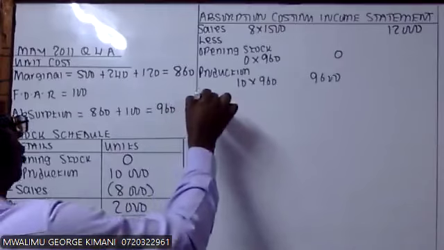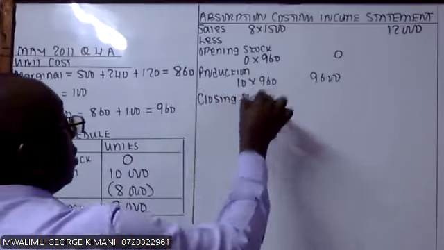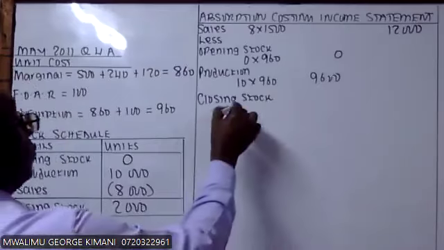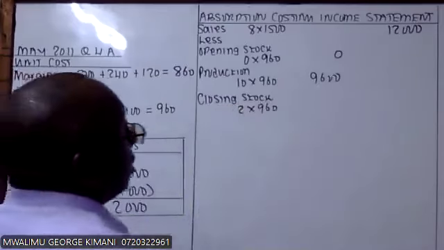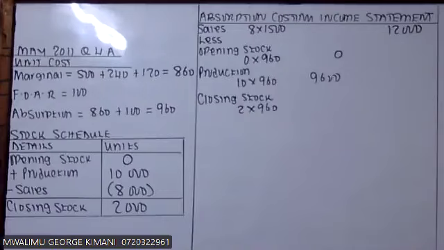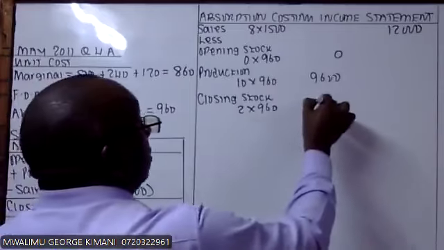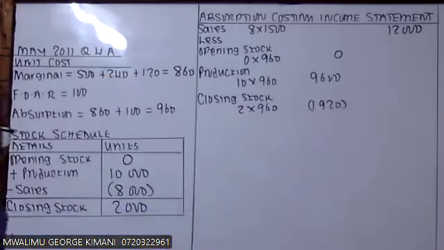Then we have the closing stock. The closing stock is 2, so 2 times 960 is 1,920. Good.